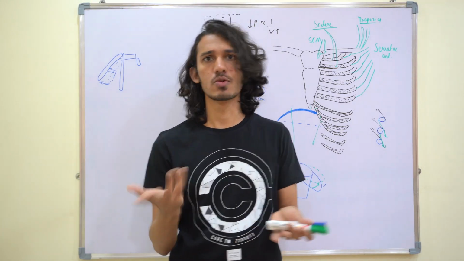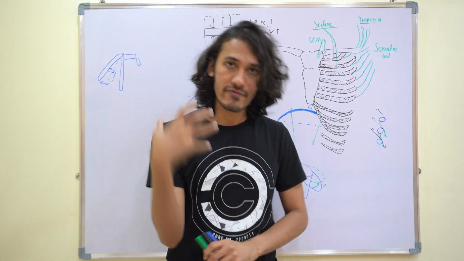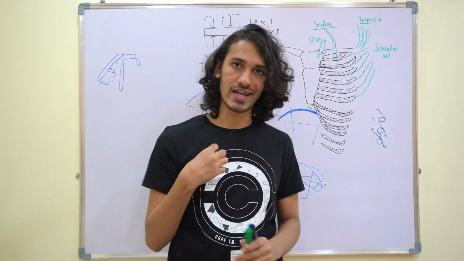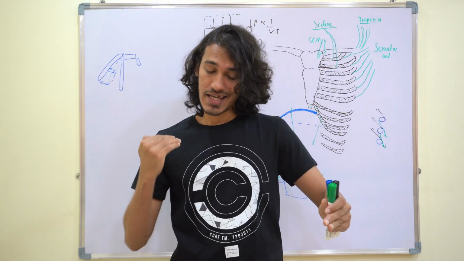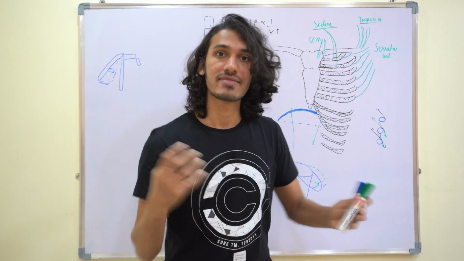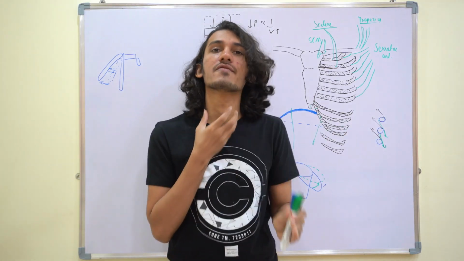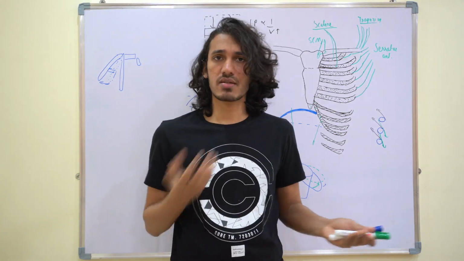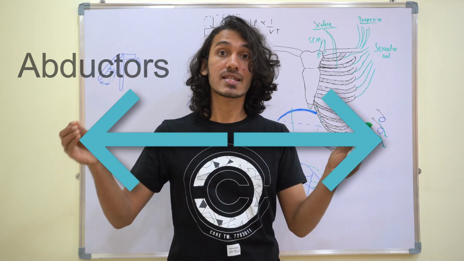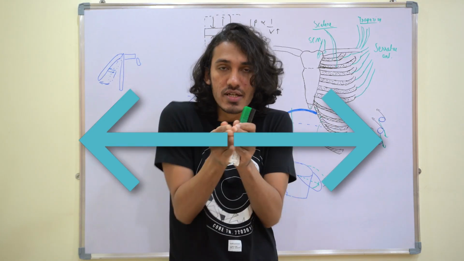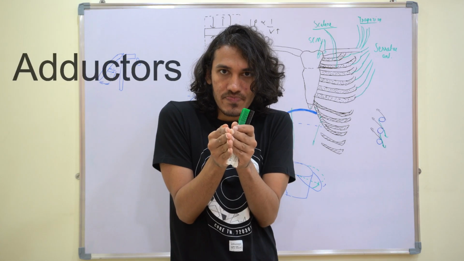It can lead to infection, pneumonia, all these things. So to prevent that sort of foreign body entry, at the end of inspiration, when expiration is beginning, that is when the adductors of the larynx act.